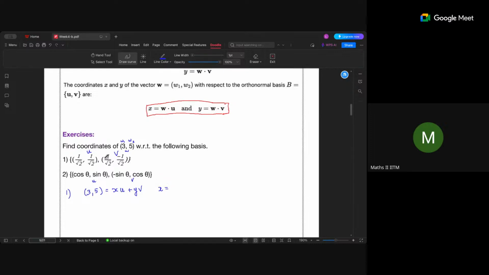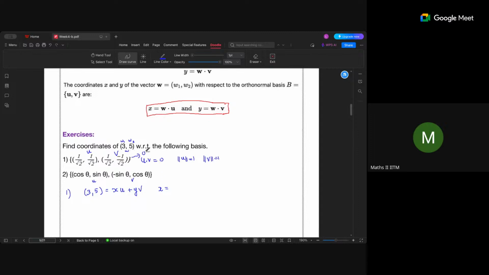First of all, do this u and v satisfy the orthonormal property? What is u dot v? 0. What is norm u? 1. And what is norm v? Also 1. Okay. So now you see that this is an orthonormal basis.